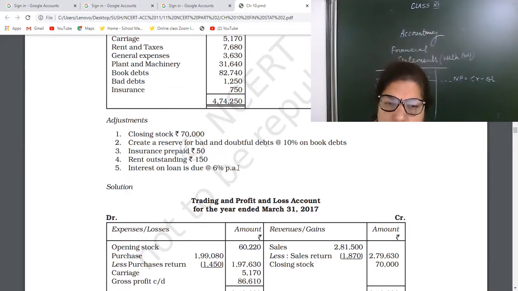Interest on loan is due at the rate of 6% per annum. It means loan amount is 15,000 into 6 upon 100. 900 rupees is due. Due means outstanding. That should be shown at the debit side of P&L account and liabilities side. Why liabilities? Because interest on loan is not paid still.